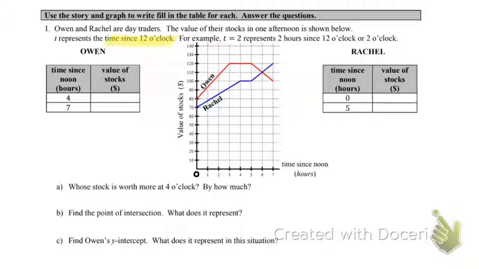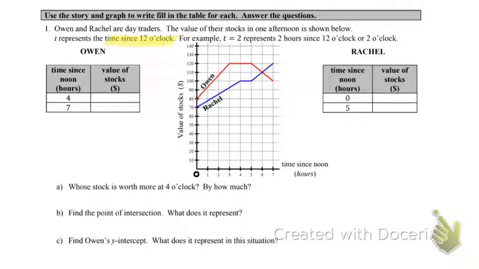So what we're going to do is fill in some of the charts and answer these questions. We'll start with Owen's table. Time since noon is 4, so we go to 4, and we want the value of Owen's stock. We go up. The value of Owen's stock is 120.